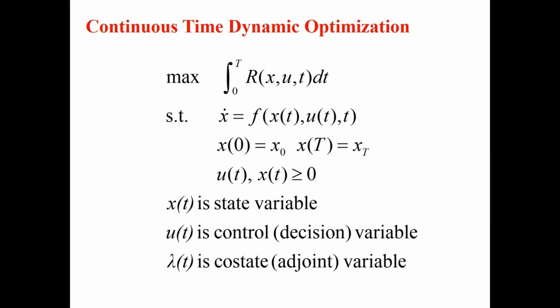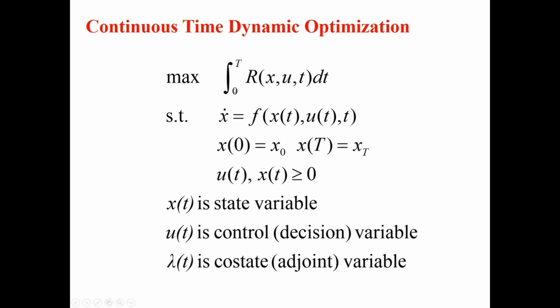The continuous time dynamic optimization problem begins with maximizing some function r, which is a function of a state variable x, a control variable u, and time. The time argument here indicates that this function might change with time, and we will be looking at functional forms that do not change with time.